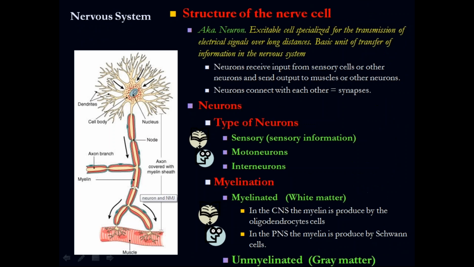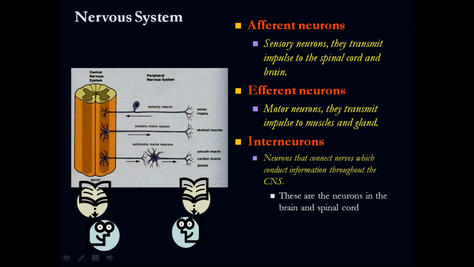All right, so let me see some graphics, probably it is going to help us. Here we have the types of neurons. We already talked about the myelinated and non-myelinated in the previous one. We have the afferent and the efferent. Efferent with E means that it is going away, and afferent means towards.